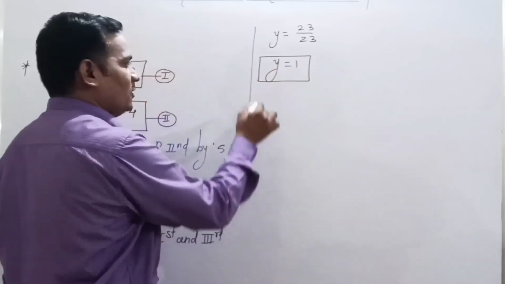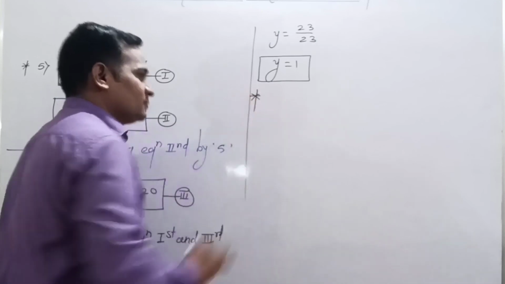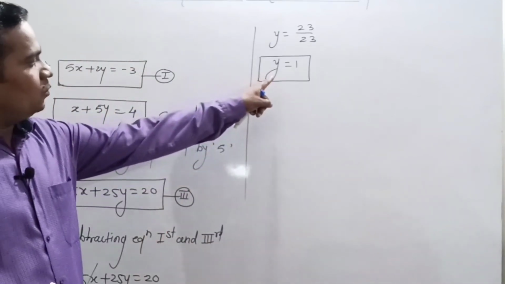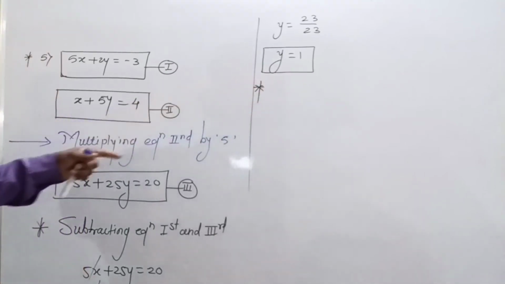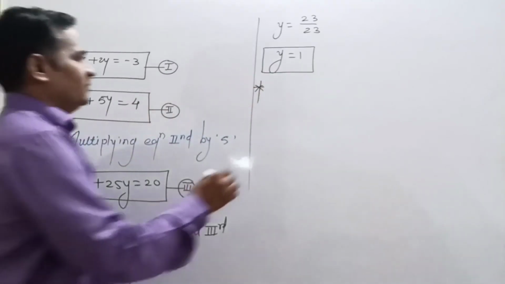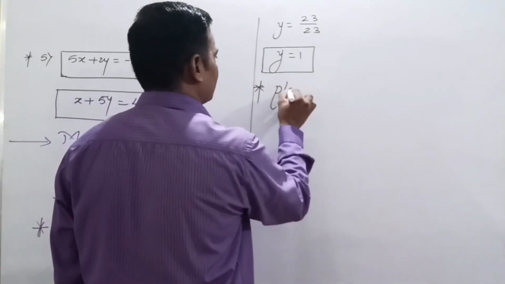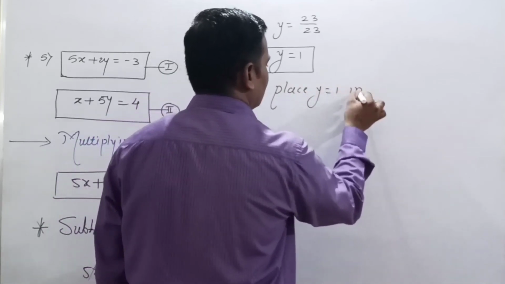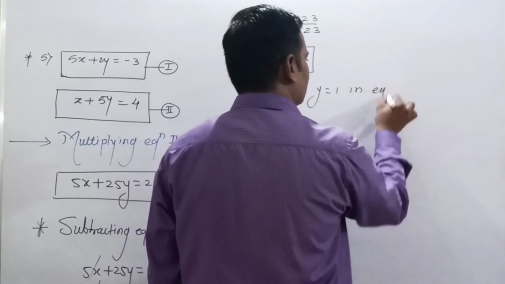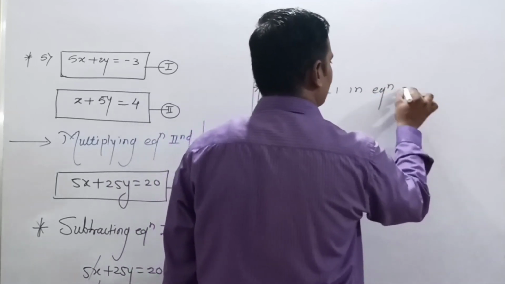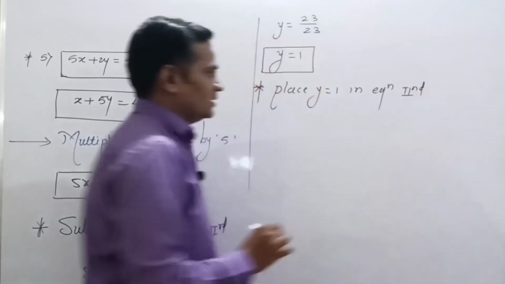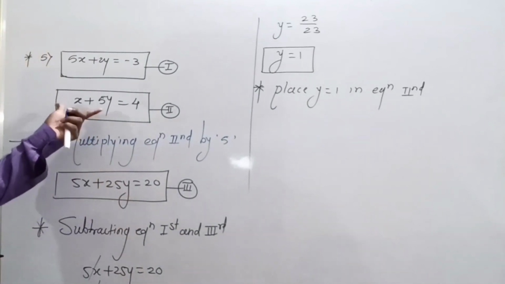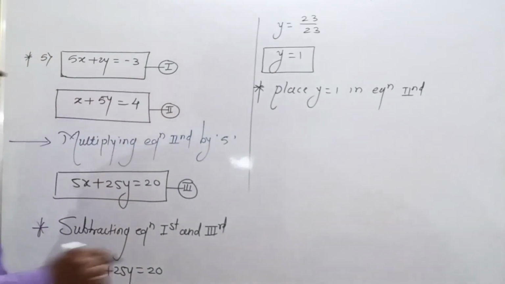Now this is the value of the first variable. Okay, so let's place this y is equal to 1 in equation second. You can take equation first also. Okay, that is your choice. So let's write down equation number second over there.